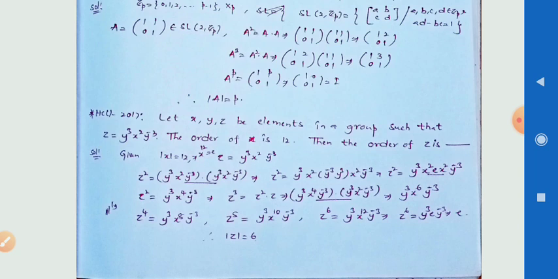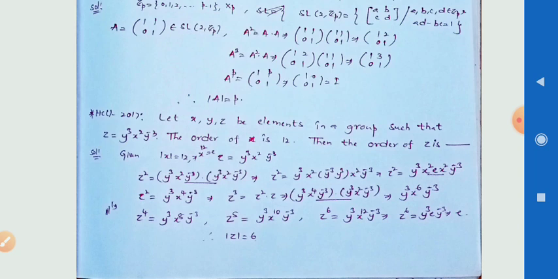Writing z two times, y cube x square y power minus 3 into y cube x square y power minus 3, z square is equal to y cube into x square y power minus 3 into y power 3 into x square y power minus 3.